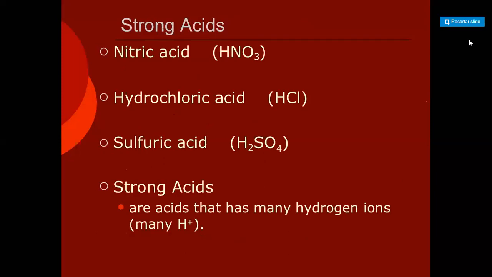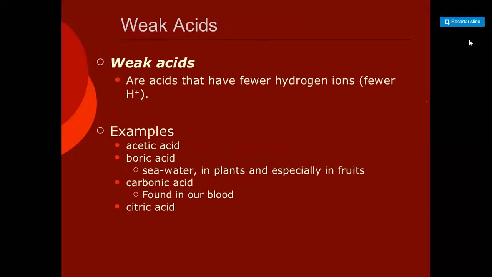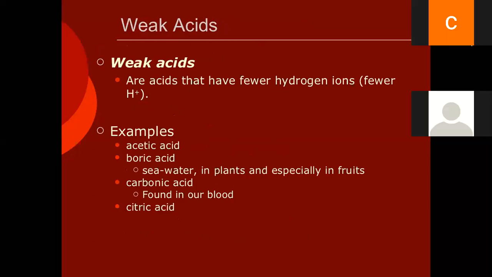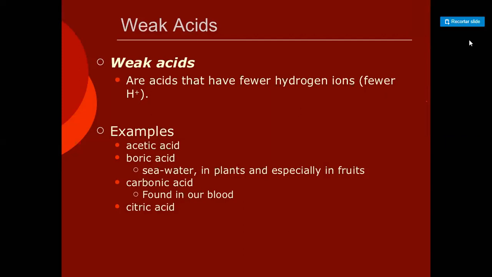Strong acids are acids that have hydrogen ion concentration more than 90% in solutions. Weak acids are acids that have hydrogen ion concentration less than 30% in solutions. Examples are acetic acid, boric acid, seawater, carbonic and citric acid.